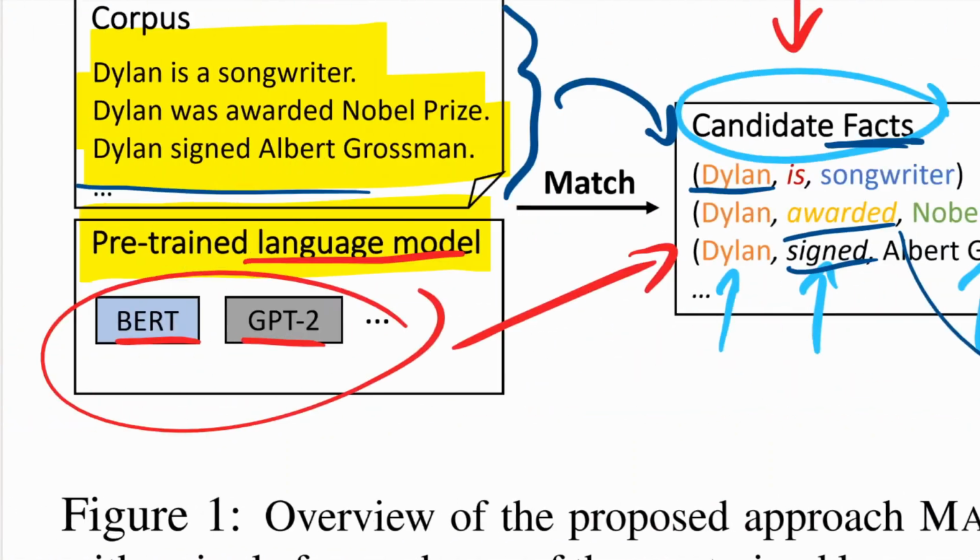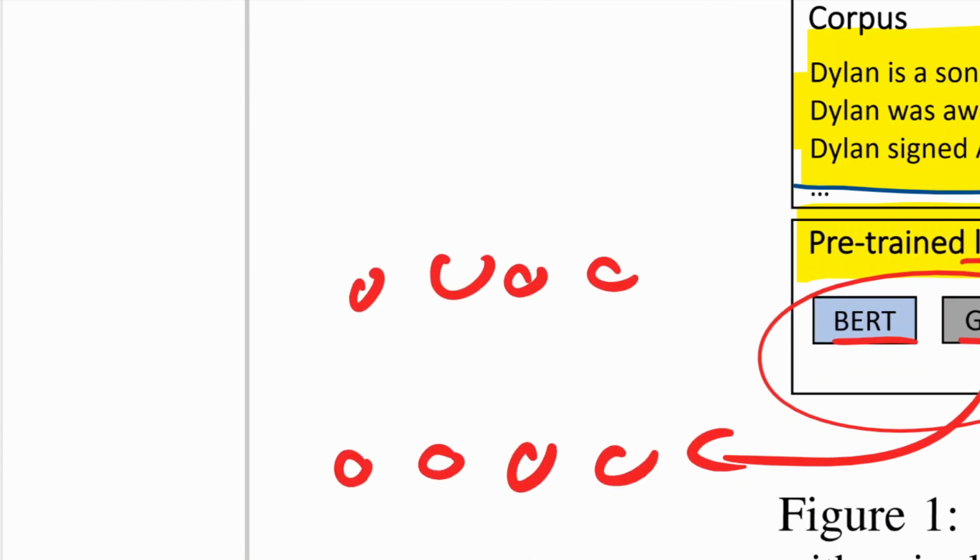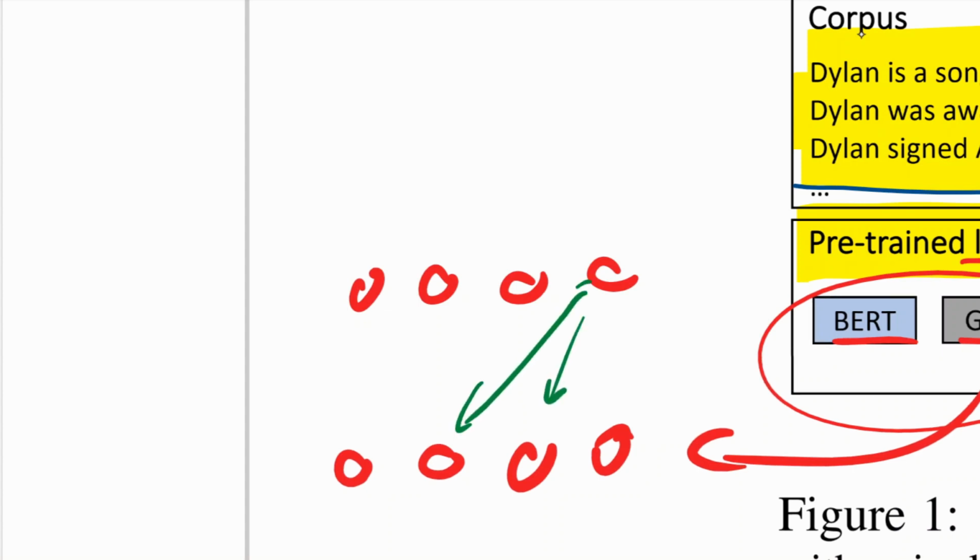That means that in GPT-2 you produce each token one after another, which means that when you train or when you evaluate, each token can only attend to the things in front of it, right?